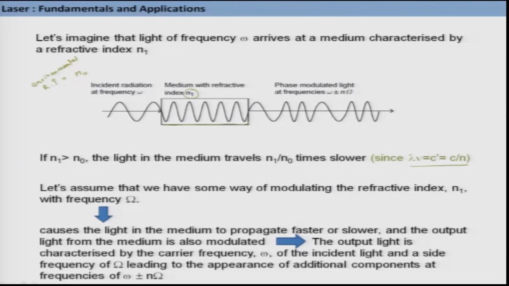And what this will do is, the output light is characterized by the carrier frequency, small omega, that is the incident light frequency, and a side frequency of capital omega, leading to the appearance of additional components of frequency at omega plus minus n capital omega. So this is the reason.